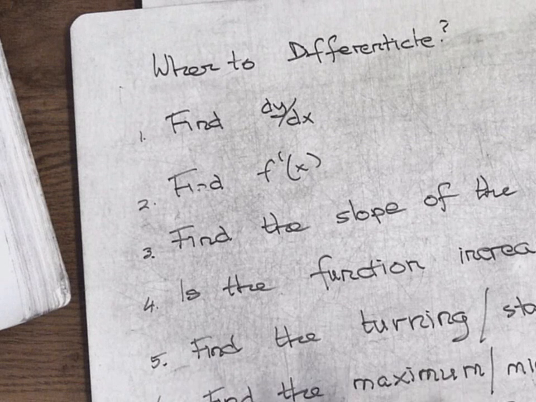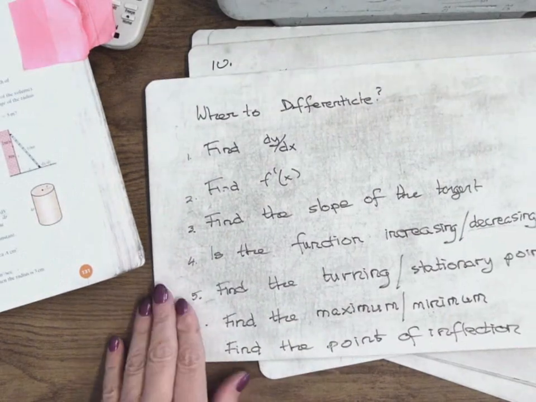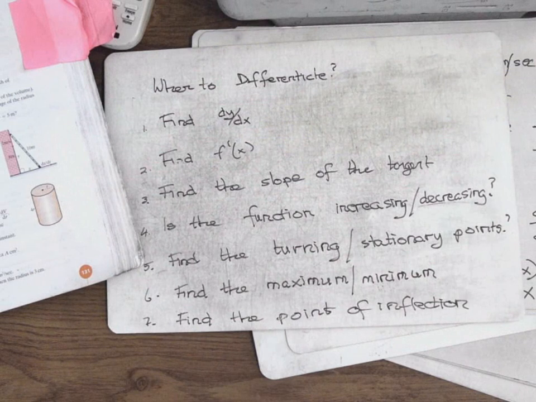If they say find the maximum or the minimum, or if they give you a story about profit and they say maximize profit, or a story about area and they say maximize the area or minimize the area, you differentiate.